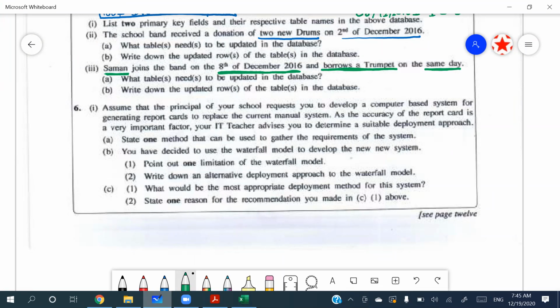Yes, we know there are many limitations regarding the waterfall model, like the user should know the requirements exactly when he is at the very first phase of the waterfall model. And within the waterfall model, when we move to the later phases, we can't move back to the earlier phases, right? There will be those kinds of limitations. So let's see what the marking scheme says.